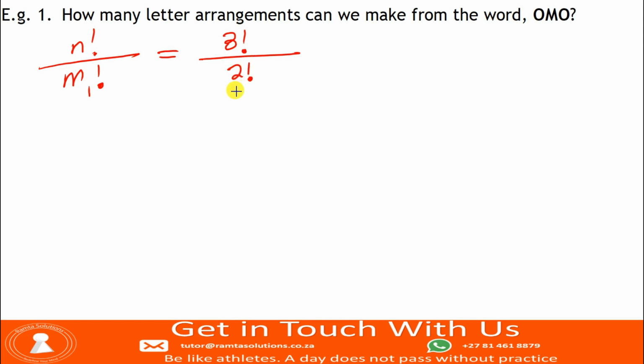So get your answer. There are 3 letter arrangements that you can make from Omo. Let's go to the second one.